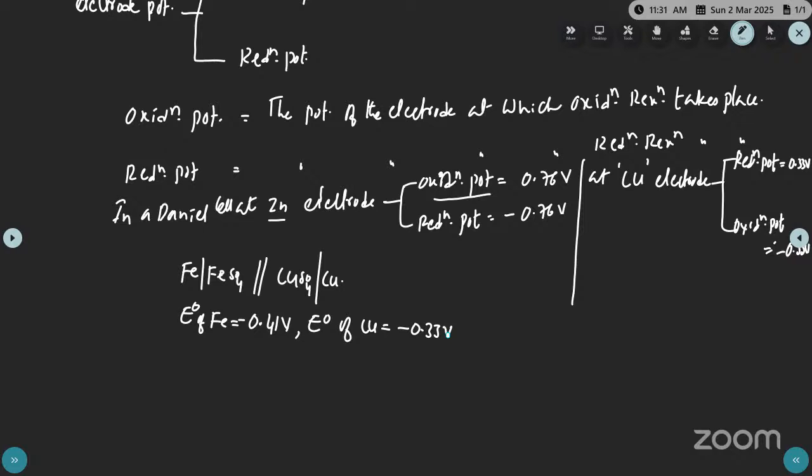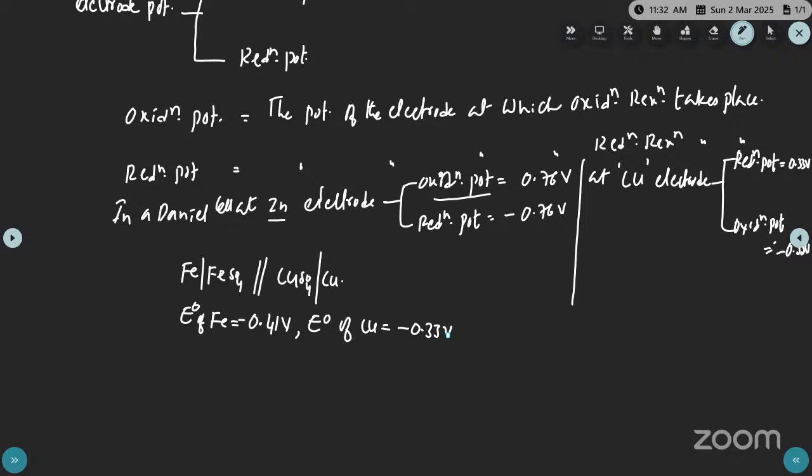So in this cell, which is anode and which is cathode? Iron is anode, copper is cathode, right? Here the iron potential is given as minus 0.41 volts. Is it oxidation potential or reduction potential?